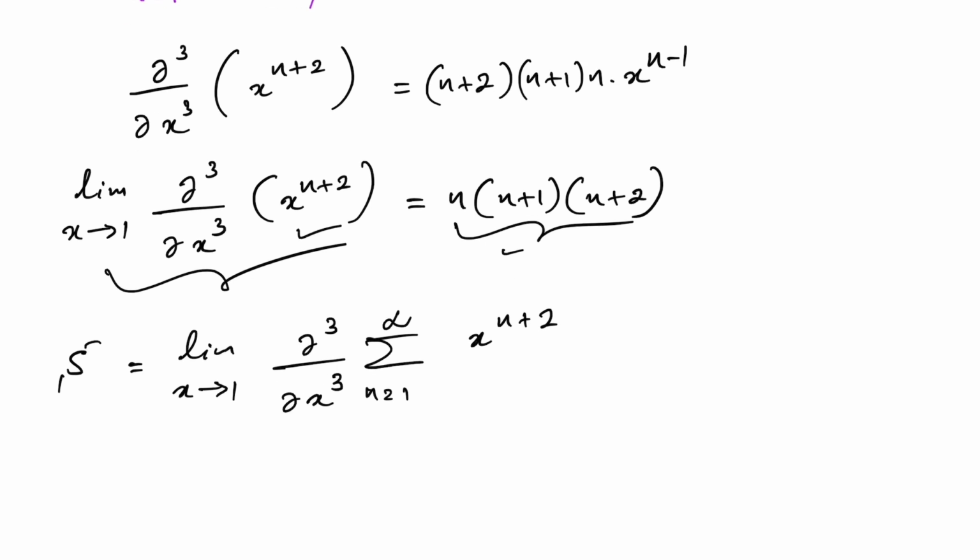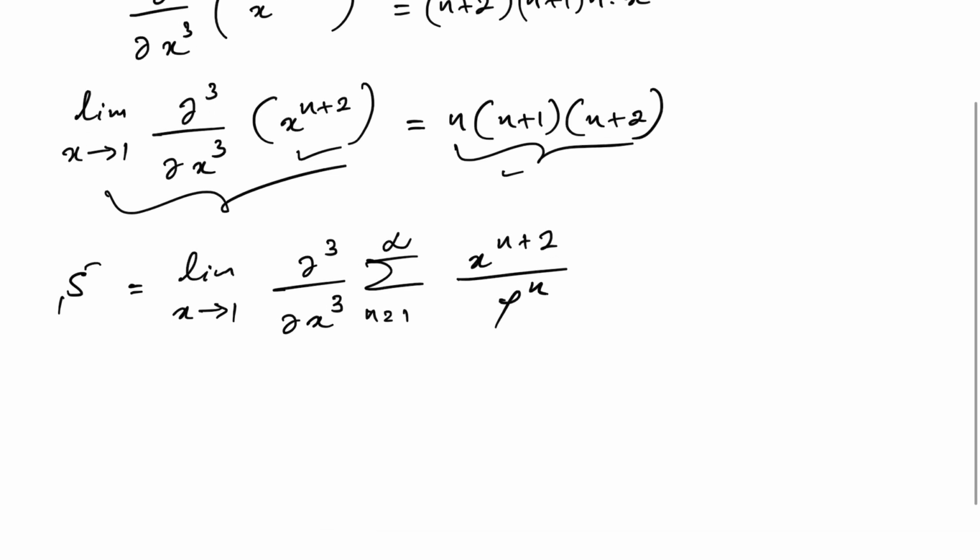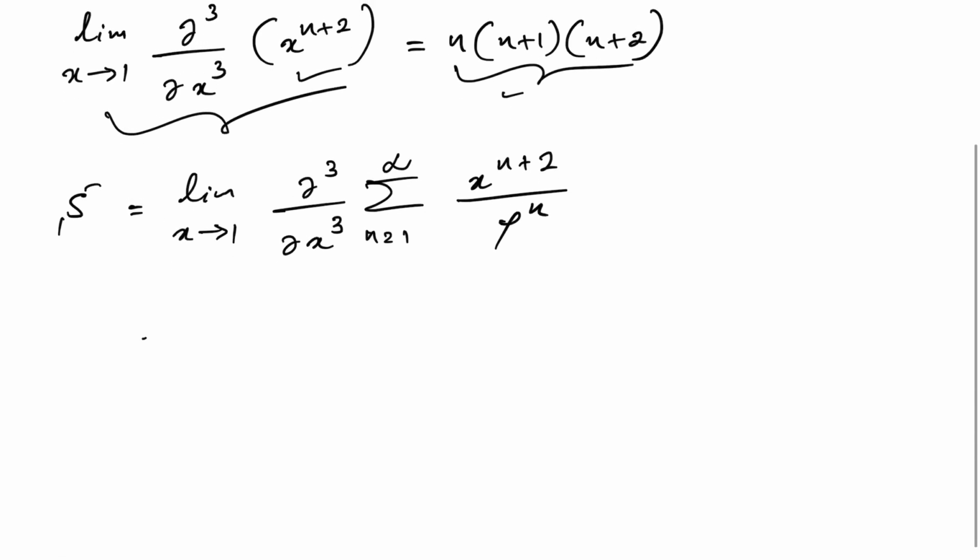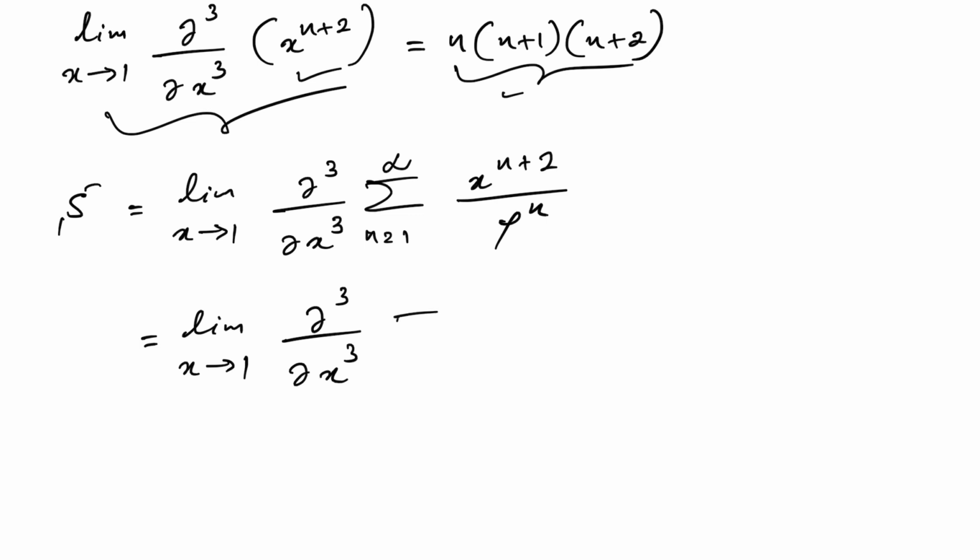Now let's rearrange this as the limit as x approaches 1 of d cubed over dx cubed, the sum from n equals 1 to infinity. Now here x to the n and phi to the n, so we have x over phi raised to the n, times x squared.